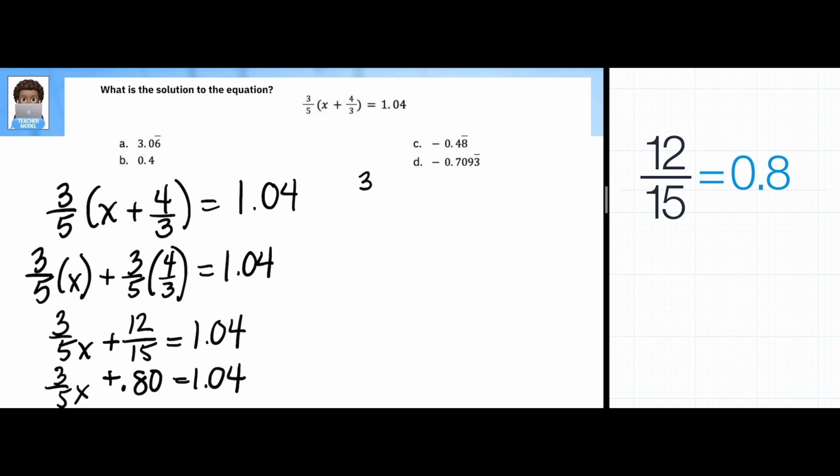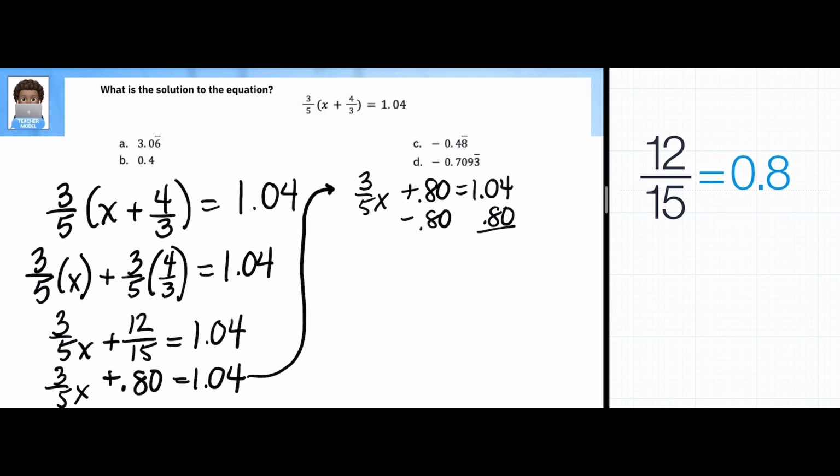So I'm just going to make a little arrow so you can see what I'm doing. I'm going to subtract 0.80 from both expressions, and that's going to leave me with 3/5 x is equal to 0.24.